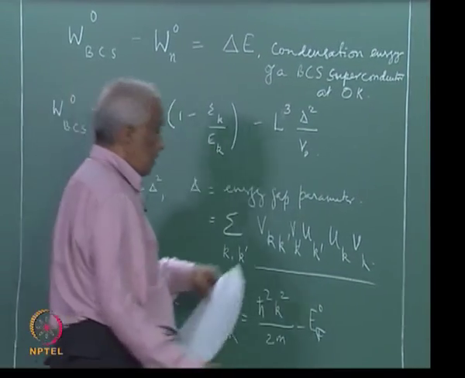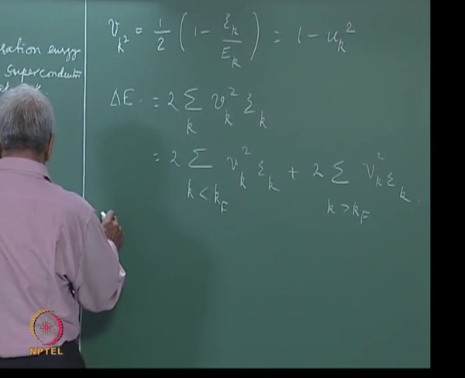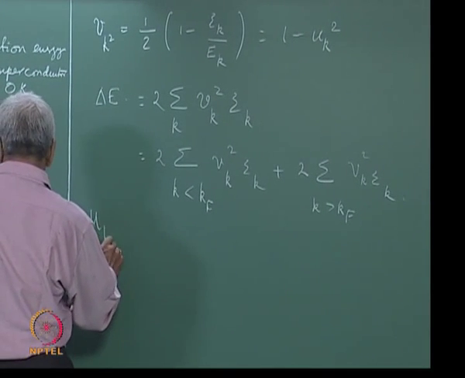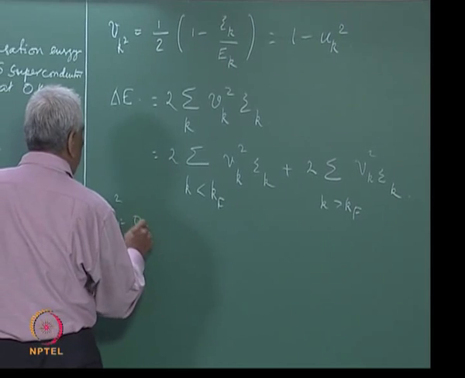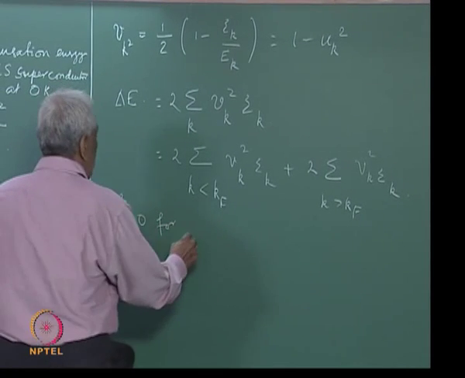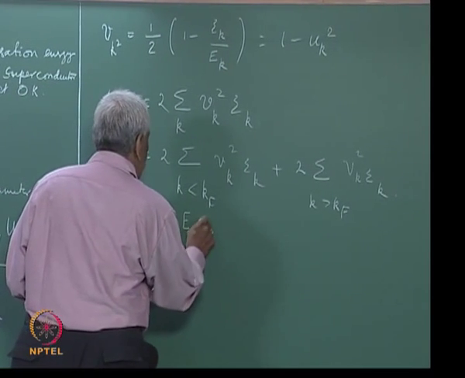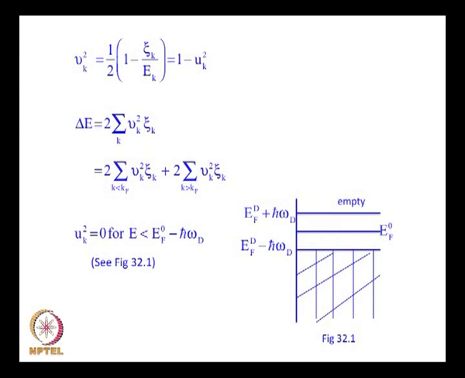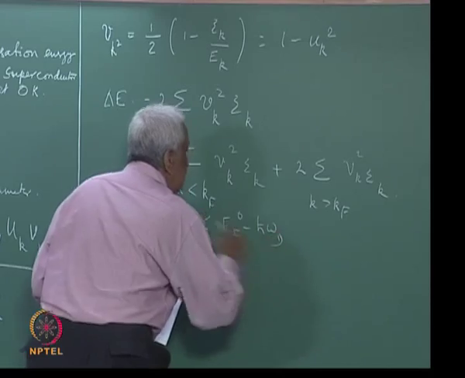So, U_k square is 0 for energies less than E_F0 minus h cross omega_D.